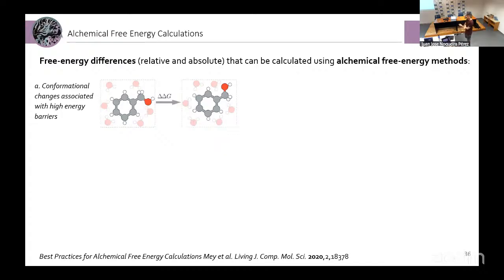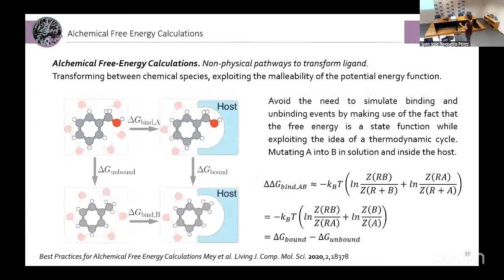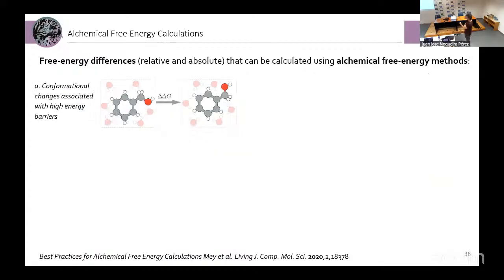What can be done with these methods? Basically, this can be used to calculate a lot of free energy differences, not only between different ligands. We can also use these methods, for instance, to estimate the relative free energy of a conformational change.